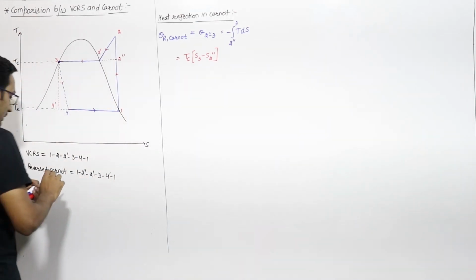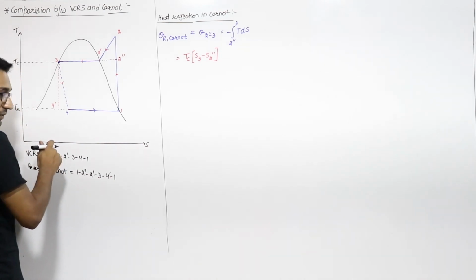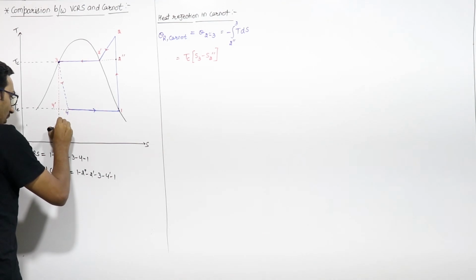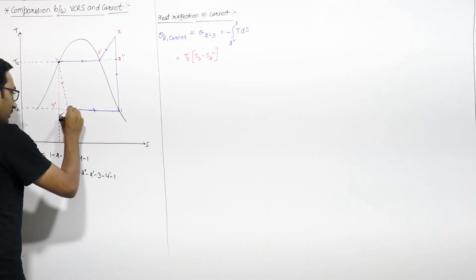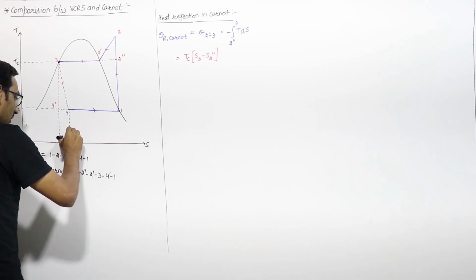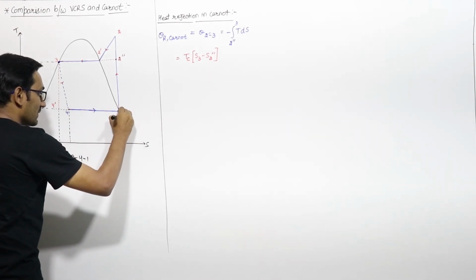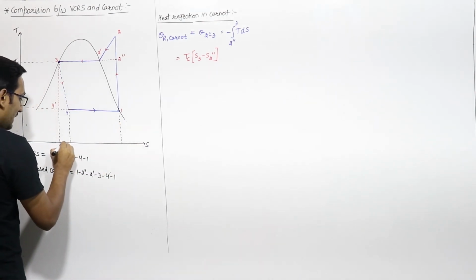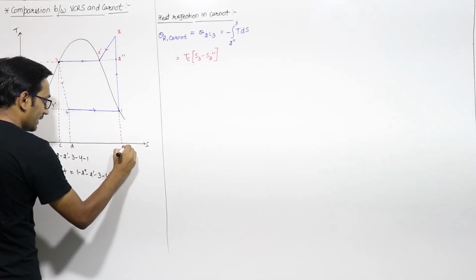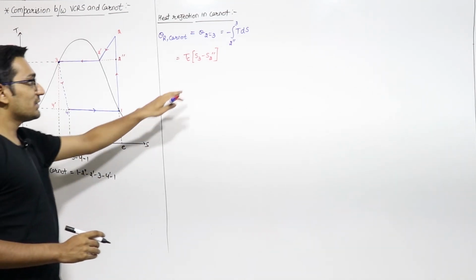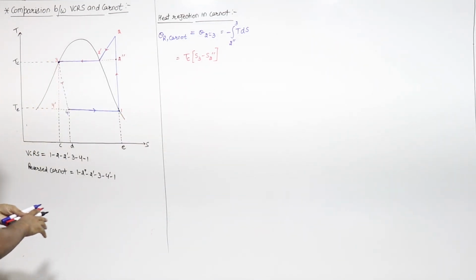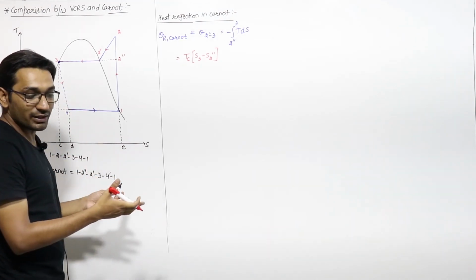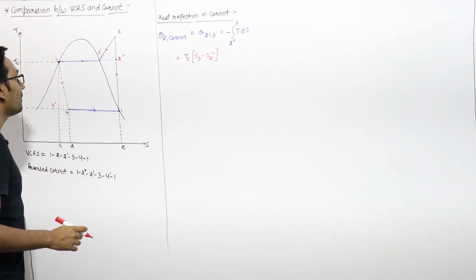Similarly, if we project it on the entropy axis like this, as we did for the refrigeration effect, and we name the points C, D and E, then Tc into S3 minus S2 double dash is the area under the Ts diagram when projected on the entropy axis.